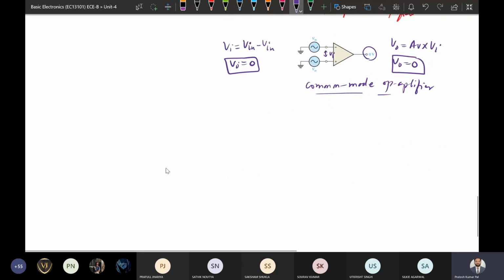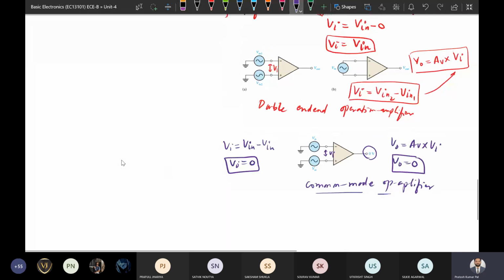So next we will see how these operational amplifiers with different modes are going to have different outputs. We have seen the different modes, so we can just represent.